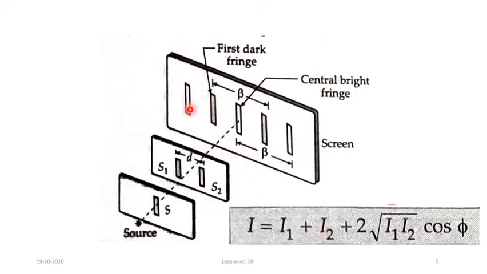That means this one also has the intensity I1 plus I2, this one also I1 plus I2, this one also I1 plus I2, and so on. If they all have the same intensity, then in that case you won't obtain a bright and a dark fringe. So we cannot obtain a fringe using incoherent sources. Fine.